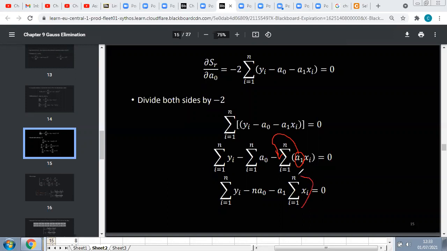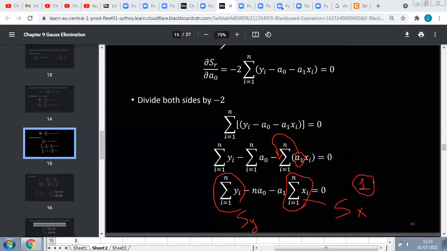And this term also I can assess because I have the data, and I can call it summation of x. So once I do this development, I get a first equation where sy, sx are known, n is known, and the only unknowns are A0 and A1. This is equation number 1.